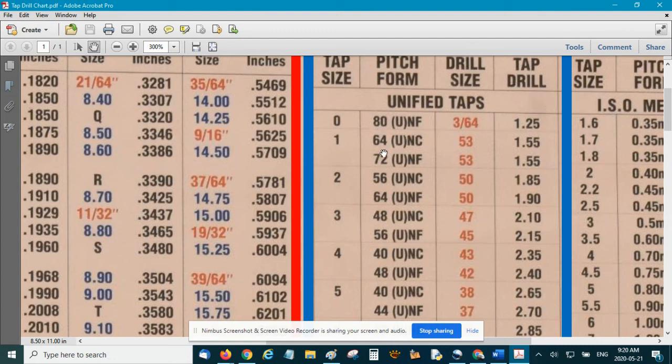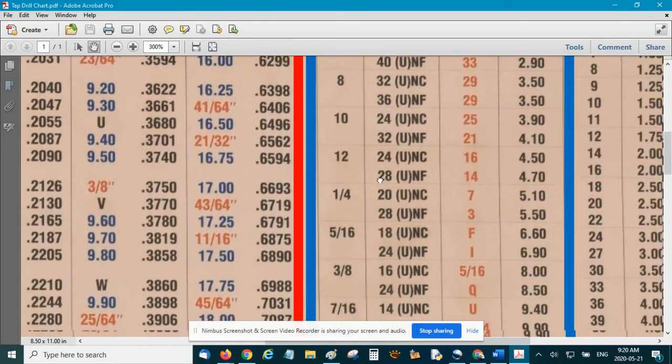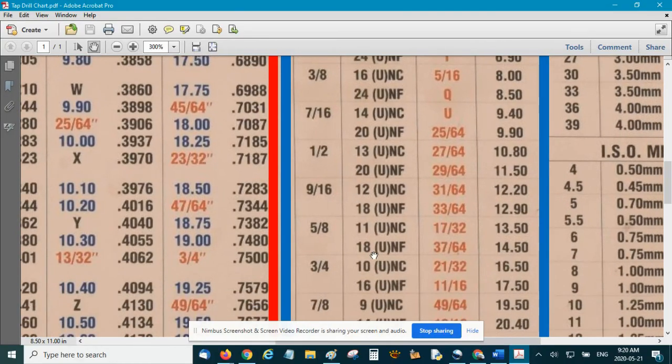That's a lot of threads in a short inch. Maybe things like electronics, very small watches, old clocks, stuff where there were really small screws in there, probably have something like that. So that's what this chart is trying to explain.